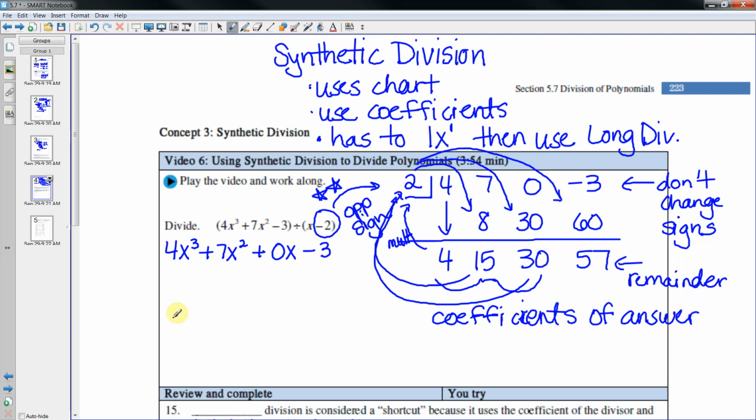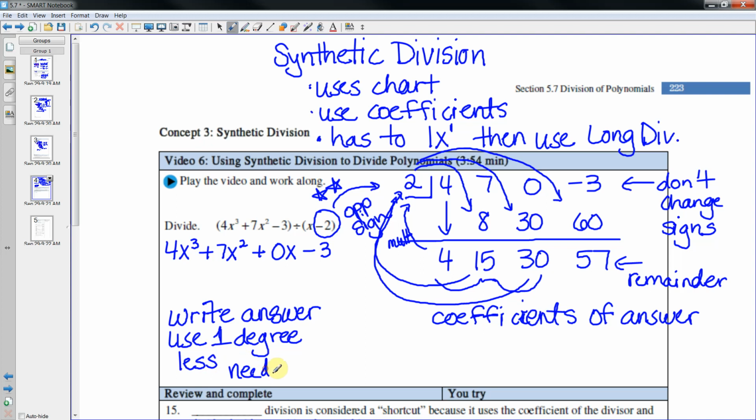So when you write an answer, use 1 degree less. So my original problem started with a 4x cubed. So in this one I need to start with an x squared. And then these are my coefficients.